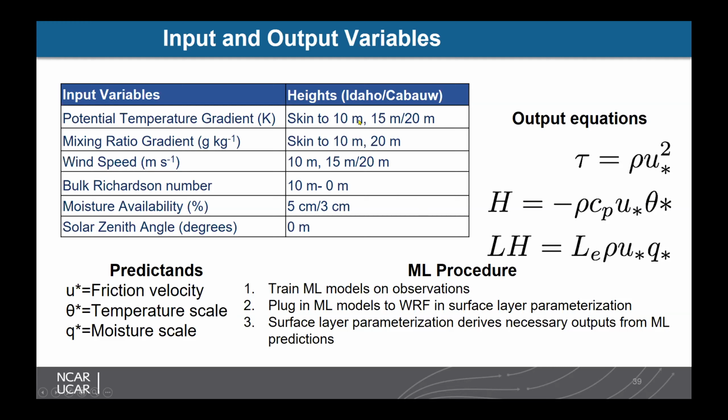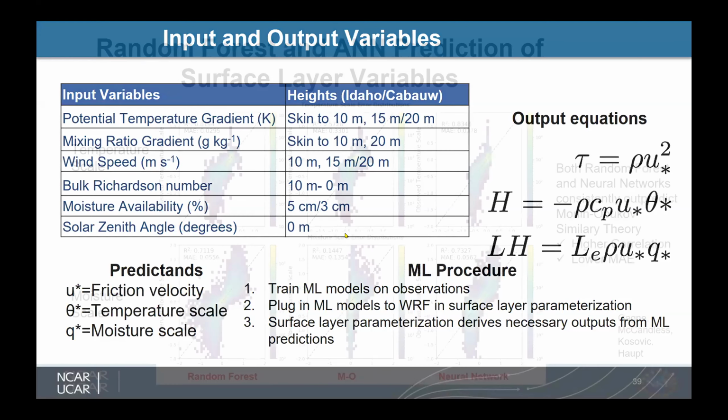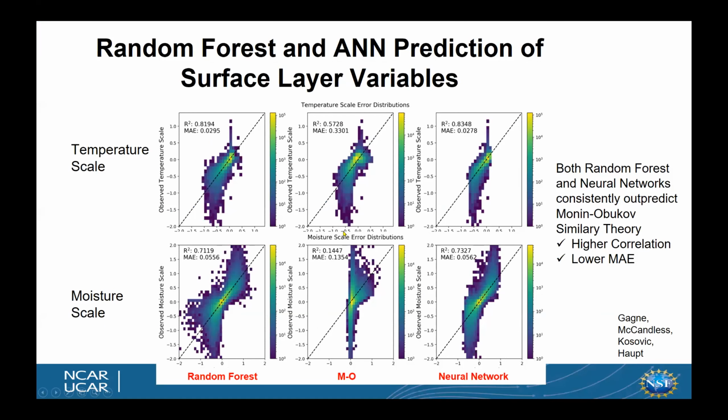Now, at both towers, we had various information on temperature gradients, mixing ratios, wind speed, Richardson number, and zenith angle was an important variable, bringing in all the right variables, training the neural nets. Now, I'd like you to notice here, right in the middle, we have what was predicted by Monin-Obukhov theory.